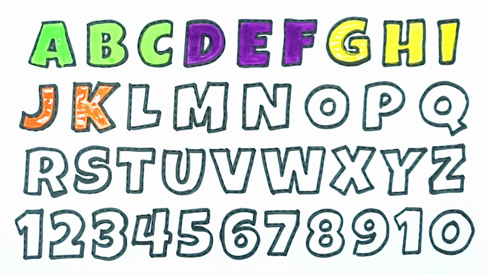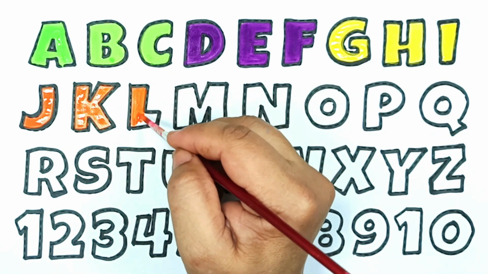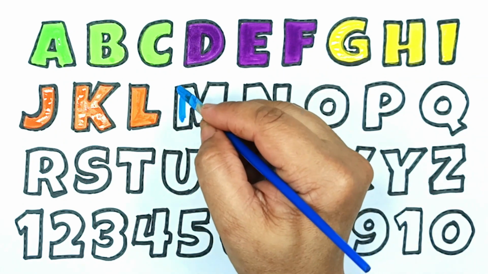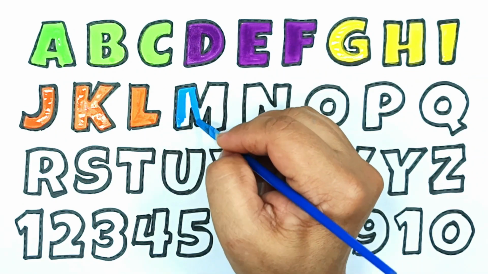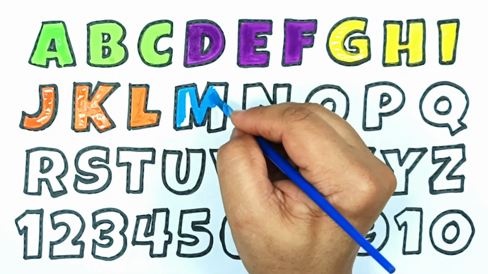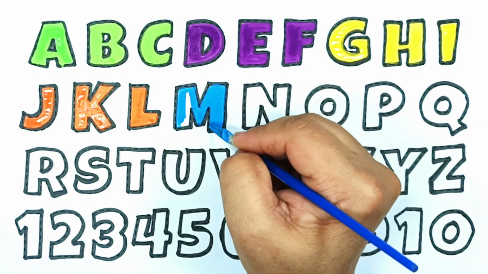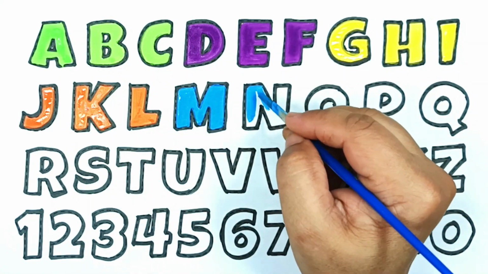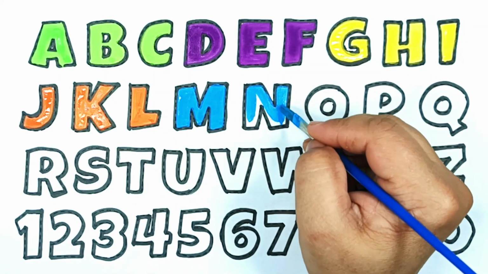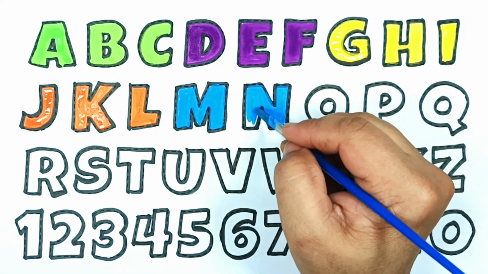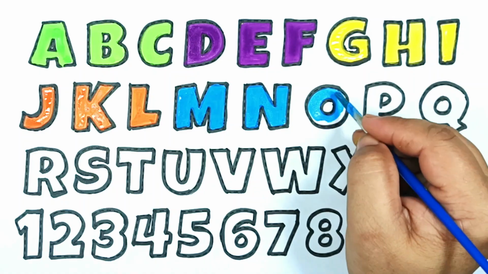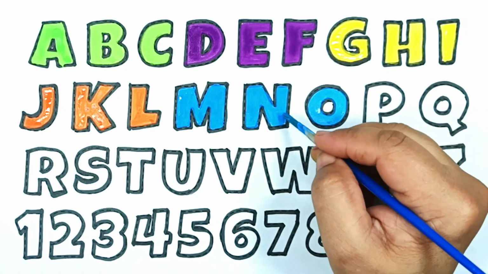K for kite. L for lamb. M for man. N for net. O for onion.